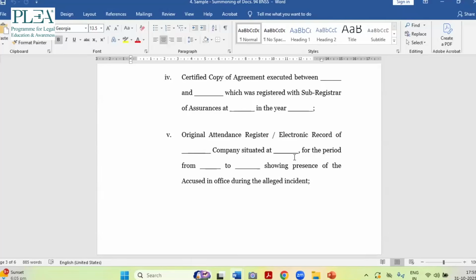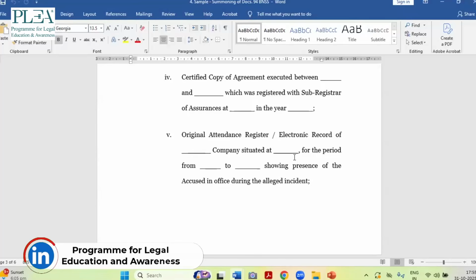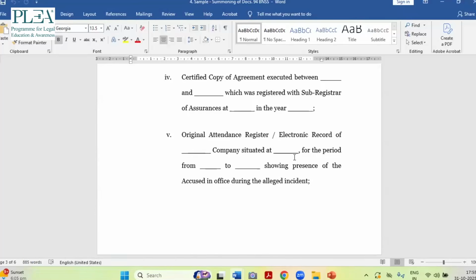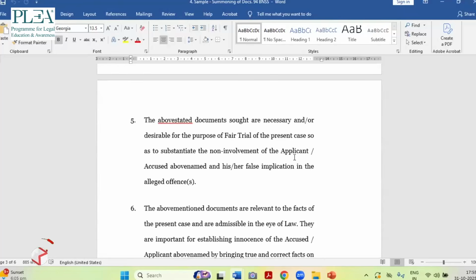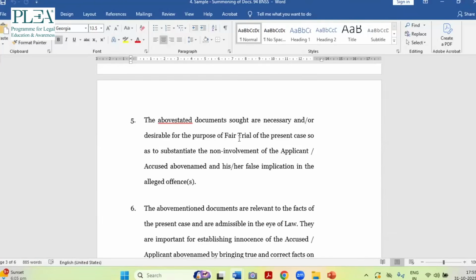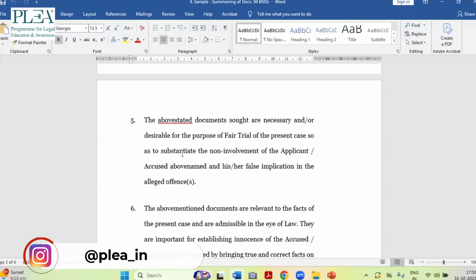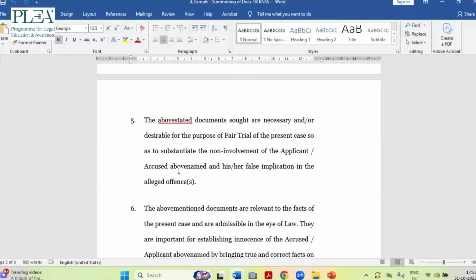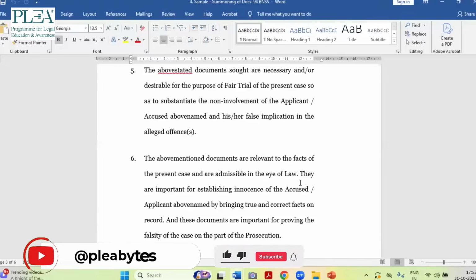So this is a very crucial document which the IO may skip or may deliberately suppress from attaching in the charge sheet. So this the accused has to bring forward by making an application under 94 BNSS. That is post bringing of charge at the time of trial, desirable for the purpose of fair trial, so as to show non-involvement of the accused and false implication.